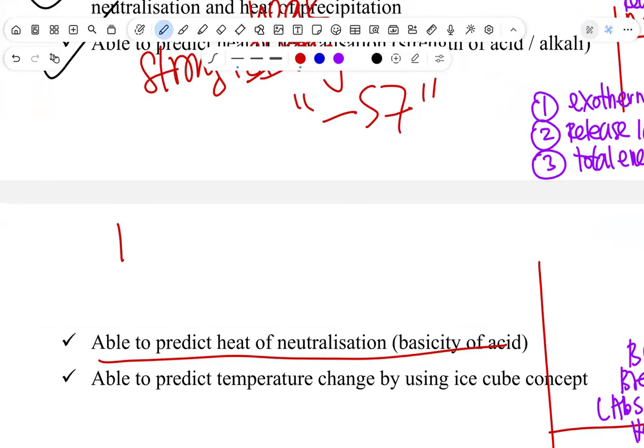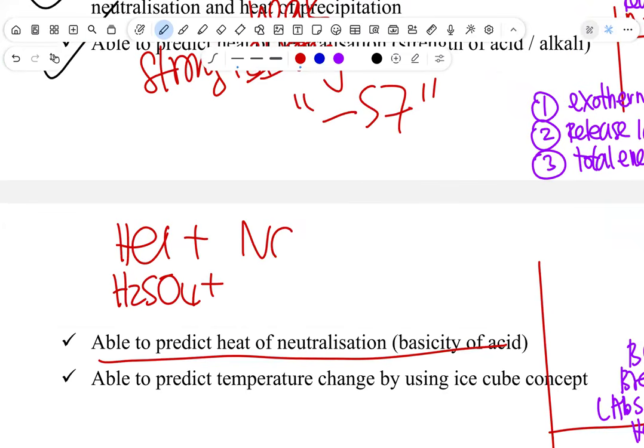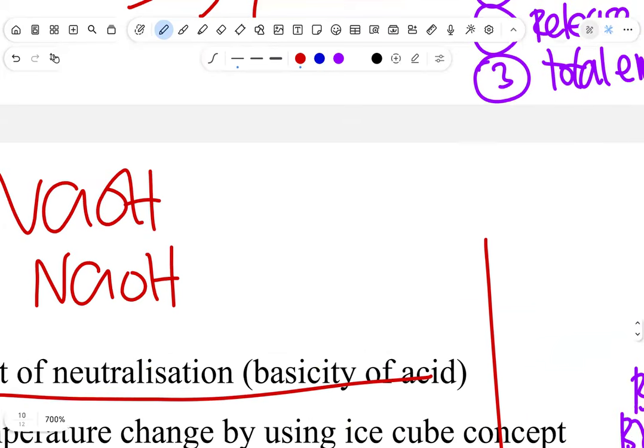Basicity means monoprotic and diprotic. If they change the basicity of the acid, would it affect the heat of neutralization? No. No matter whether you use a monoprotic acid or a diprotic acid, the heat of neutralization is the same. Why? I told you before.